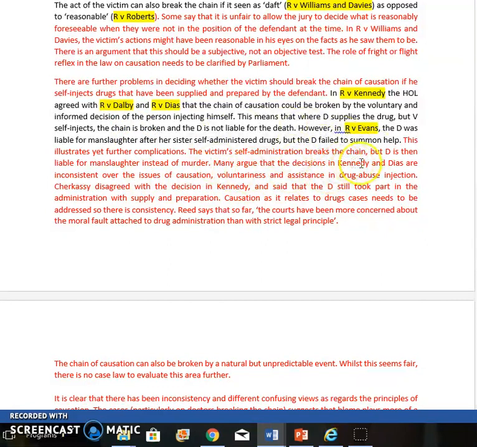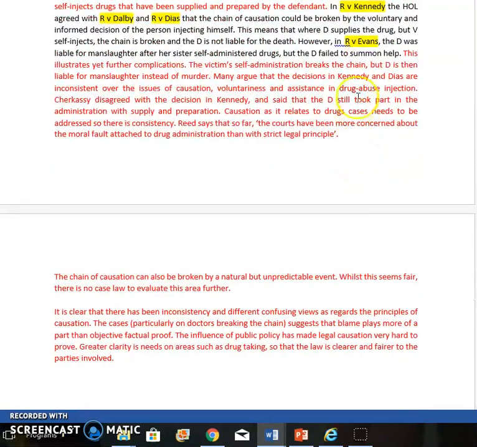Some people argue, as I've put there for my AO2, that Kennedy and Diaz are inconsistent. An academic called Cherkasy disagreed with the decision in Kennedy and said that the defendant still took part in the acts. So the defendant had supplied the drugs, the defendant in Kennedy had also helped prepare the drugs.